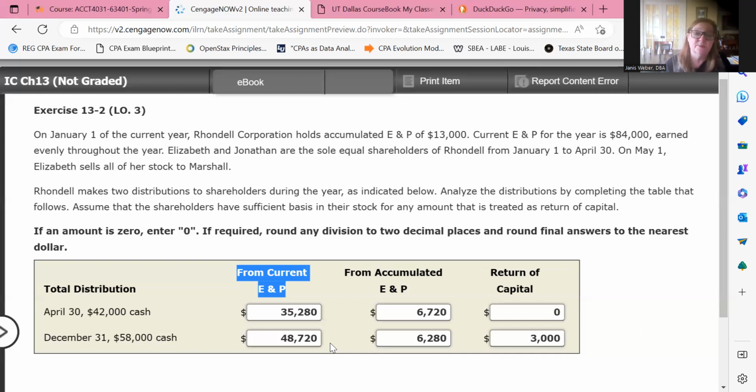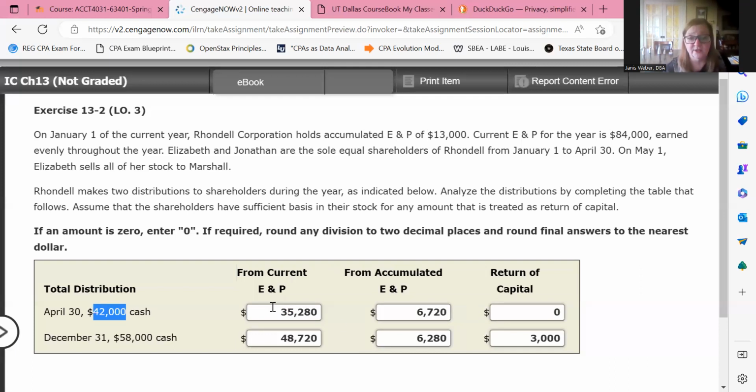And what it does is it's based on the earliest distribution being considered to have used the accumulated as far as it needed to be called a dividend. And so for this distribution, we had a 42,000 distribution. We already had current E&P showing 35,280. So we needed another 6,720. So we said, okay, well, we have that much in accumulated.